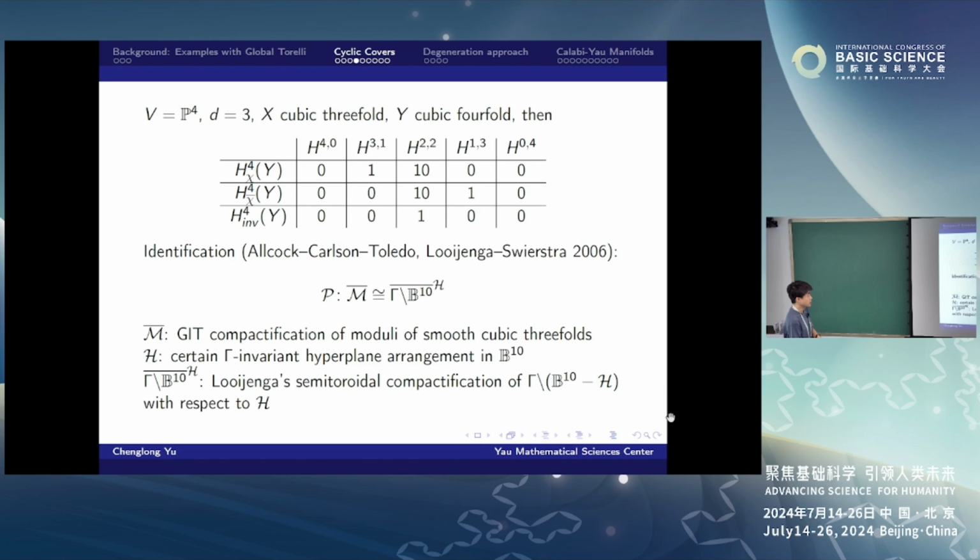This is a 10-dimensional moduli space. And we consider also the degree 3 cyclic cover branched along this cubic threefold. And this will give us a cubic fourfold with this degree 3 cyclic group action.